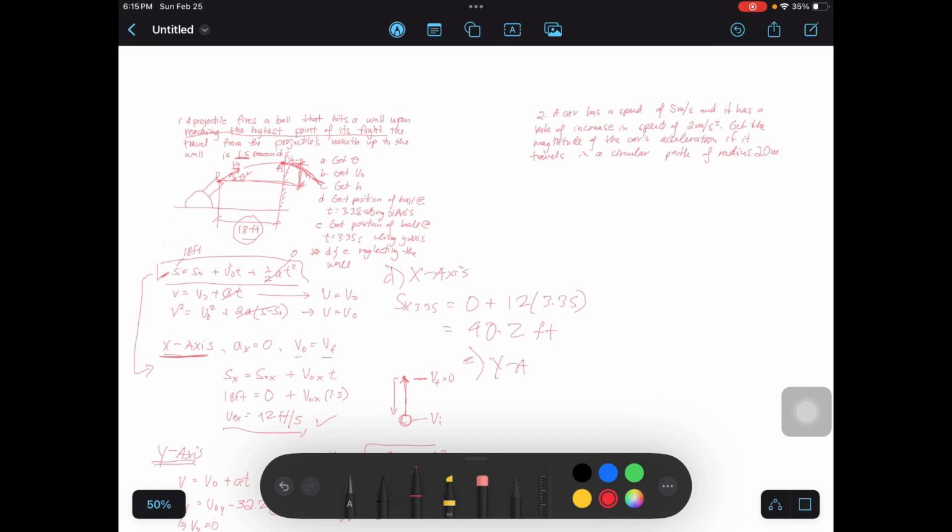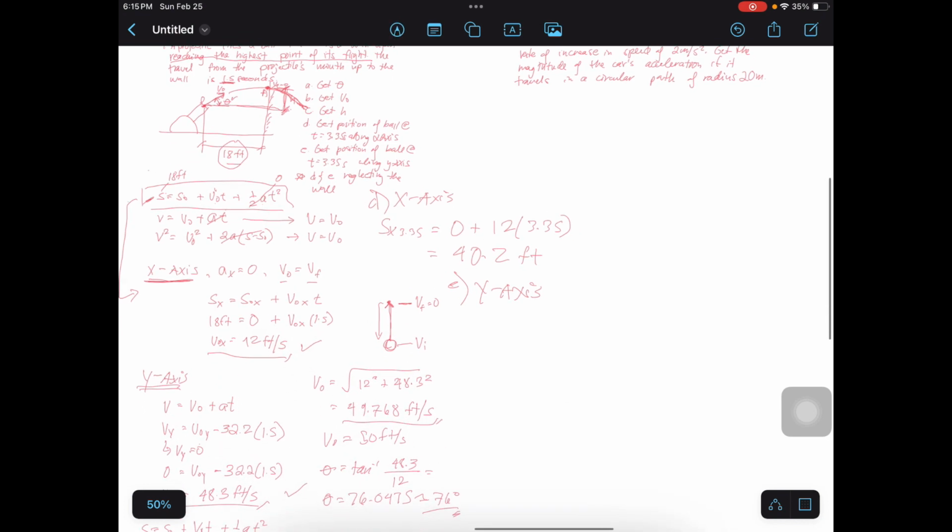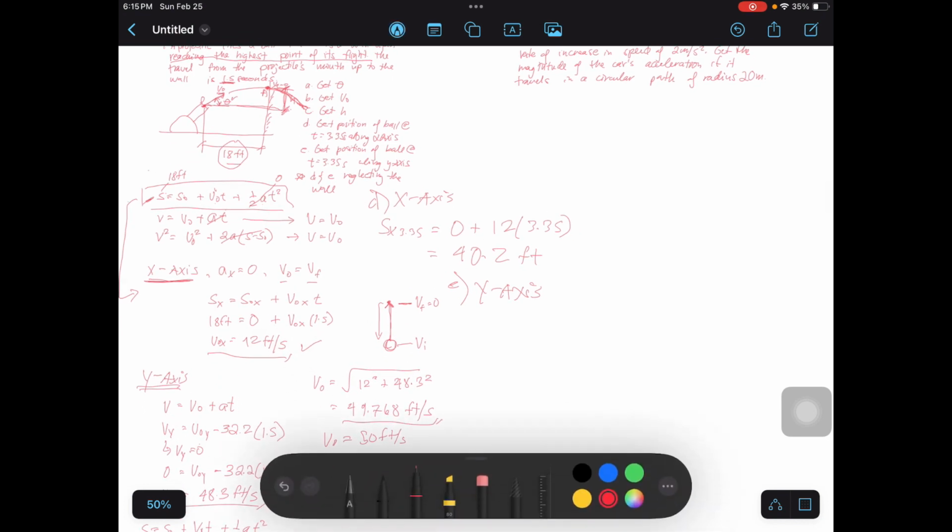Then, along y-axis, it is letter E. Y-axis naman, same formula. Yung position formula. So, Sy at 3.35 seconds is equal to, syempre, 0, plus, ano yung y natin?